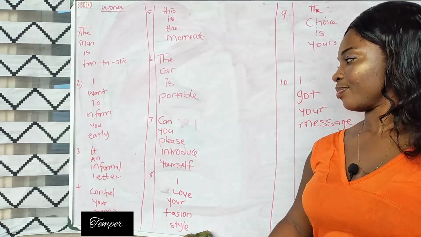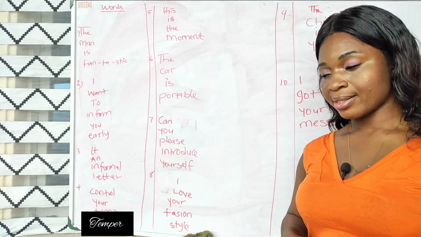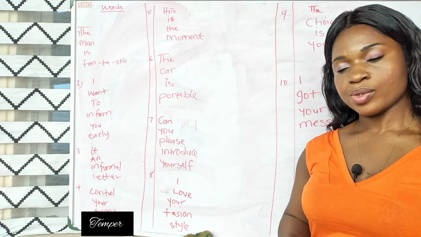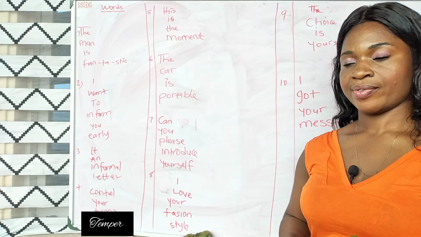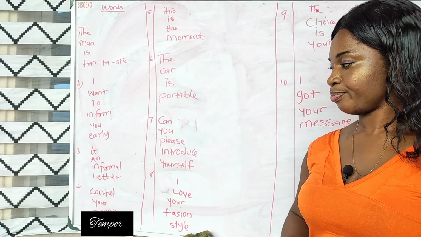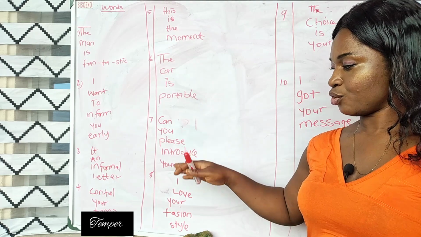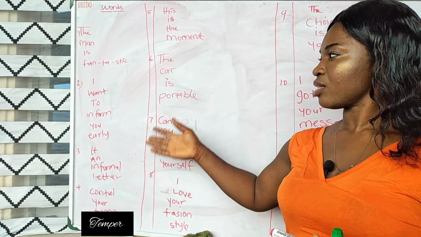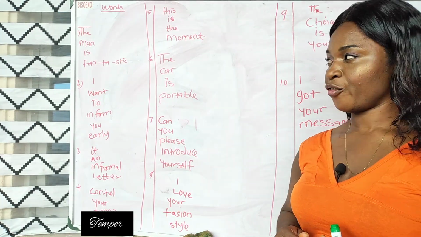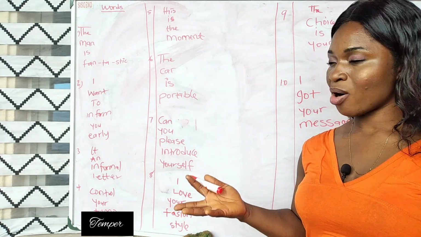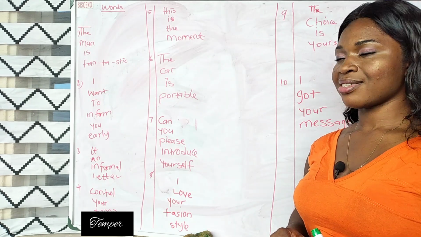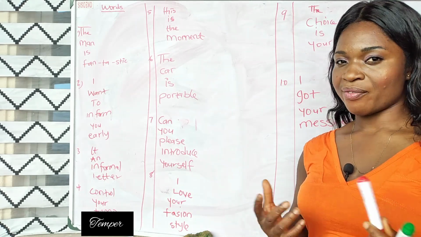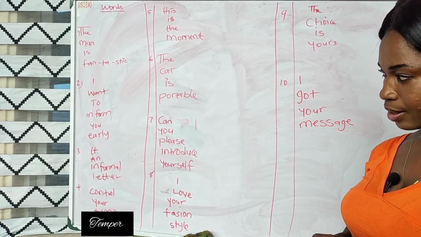Number 7, can. It's the word. Can you please introduce yourself? If I'm not mistaken, most of the words we have here, we've treated them during our word formation section, so I don't think they are in any way in a confusing state. I think we are familiar with it, so let's proceed.